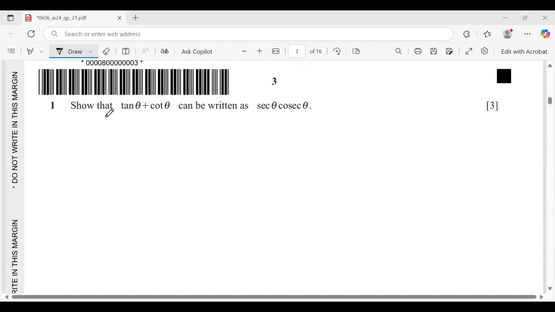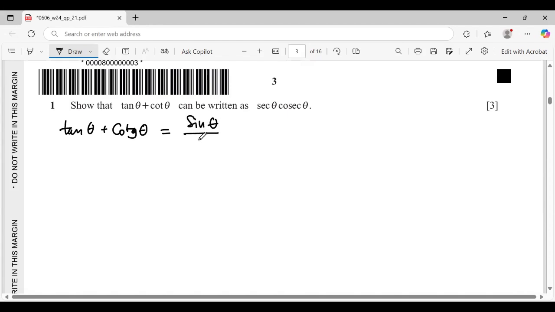Number one, show that tangent theta plus cotangent theta can be written as secant theta cosecant theta. Tangent theta plus cotangent theta: we can write tangent theta as sine theta over cosine theta, plus cotangent theta, which we can write as cosine theta over sine theta.